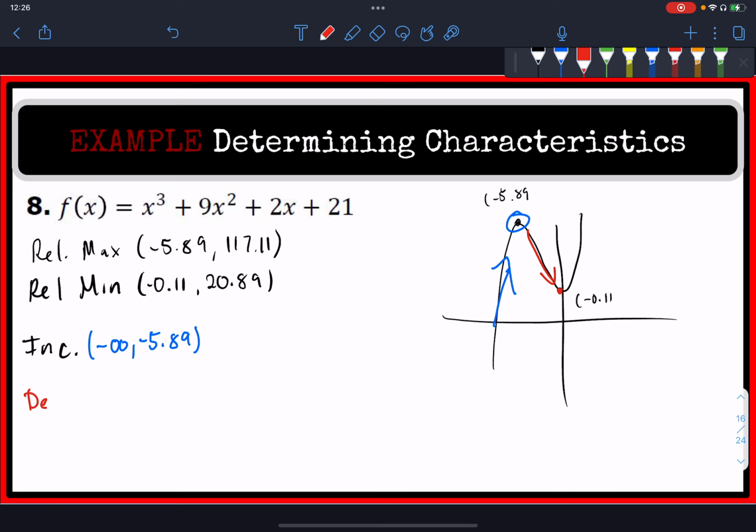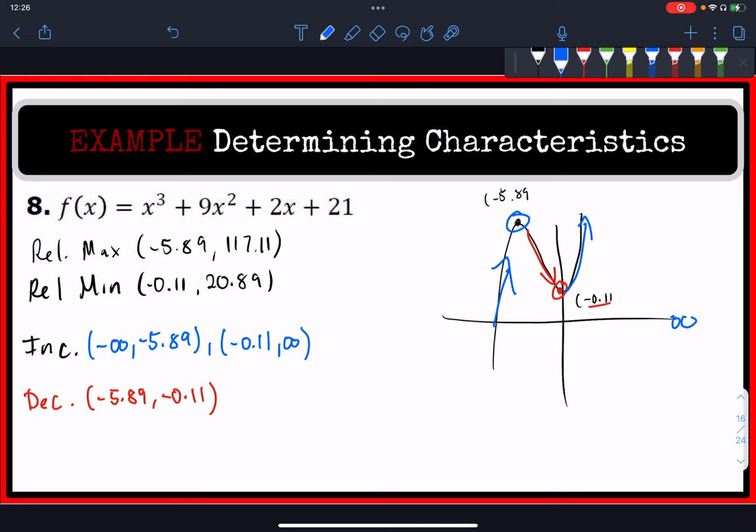So it decreases from this negative 5.89 to this point here where the x value is negative 0.11. It obviously changes direction because that's the minimum, and the graph then goes up again. And it's going up again from that changing point where the x value is negative 0.11 all the way for the rest of its continuation, which is all the way to infinity.